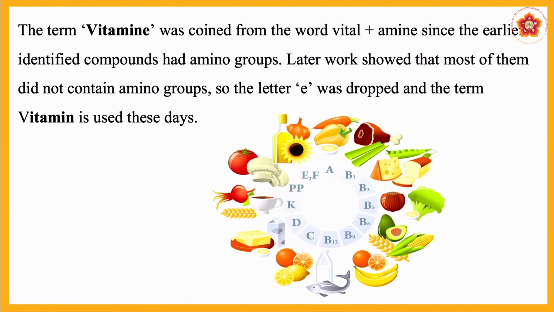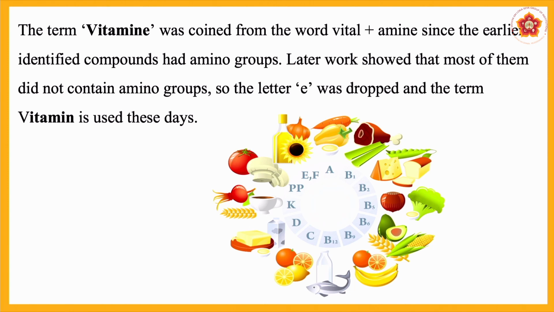So, the term vitamin was coined from the words vital plus amine, since the earlier identified compounds had amino groups. Later work showed that most of them did not contain amino groups. So, the letter E was dropped and the term vitamin is used these days.